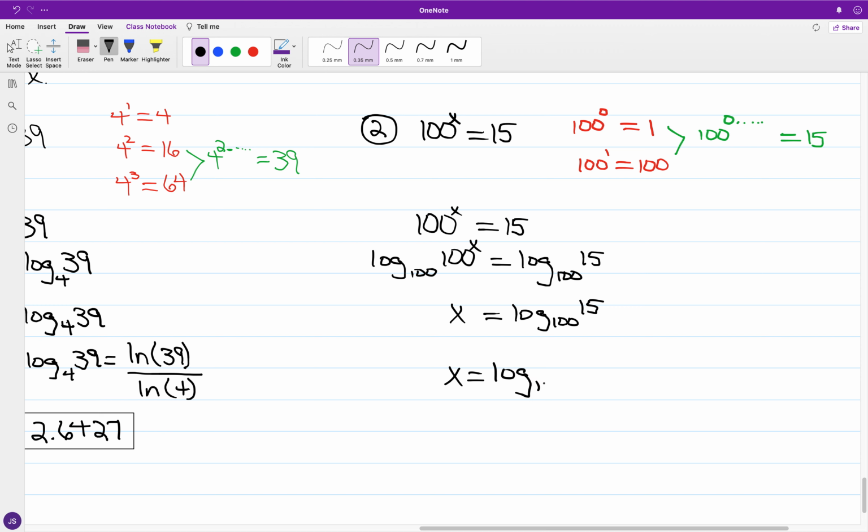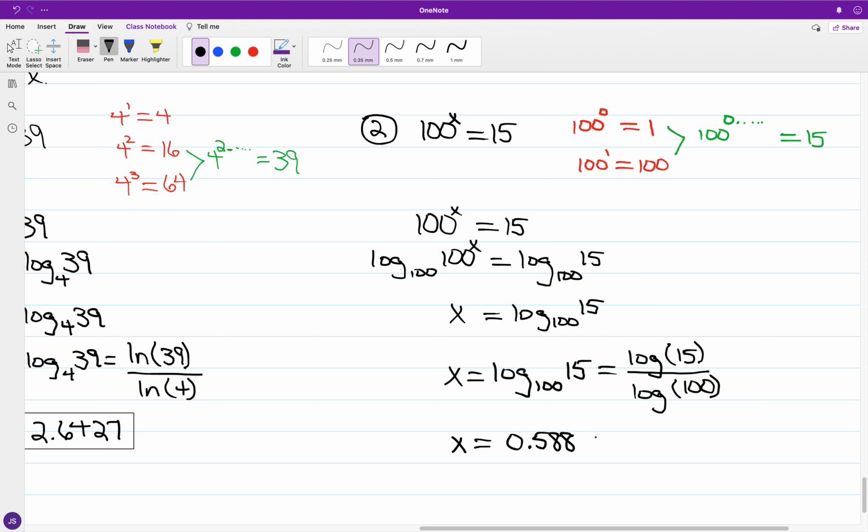If I utilize the change of base formula, I can go with natural logs again or base 10 logarithms, and I'll go with log this time around. So we're looking at the base 10 logarithm of 15 over the base 10 logarithm of 100, and x is going to be right at 0.588 to the nearest 3 decimal places.